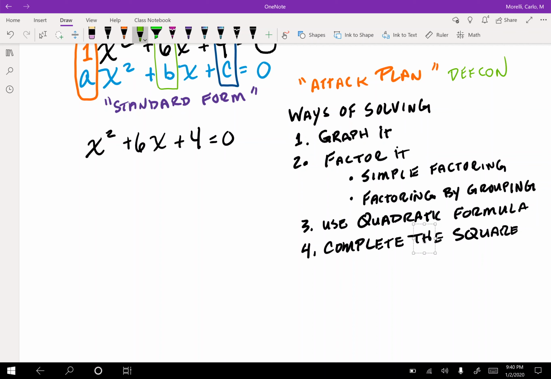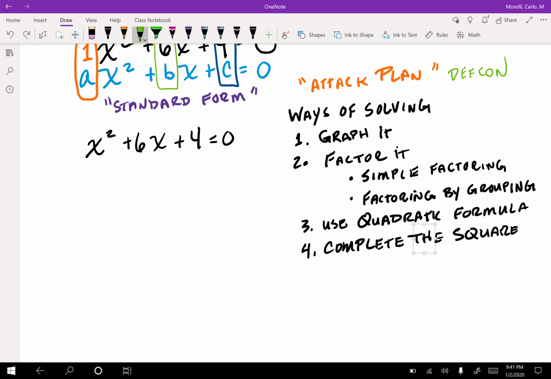If the situation is pretty easy, then we'll just graph it, and then we'll be done. If we can't graph it, or we don't have graphing software available, we'll factor it. And factoring is what we're going to be doing the most of by hand.